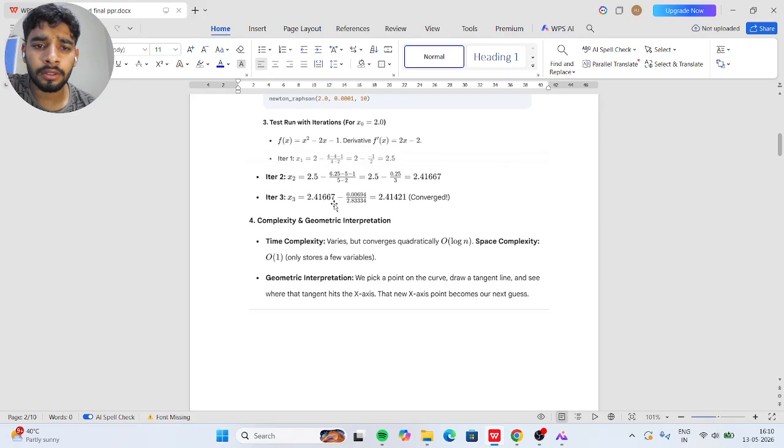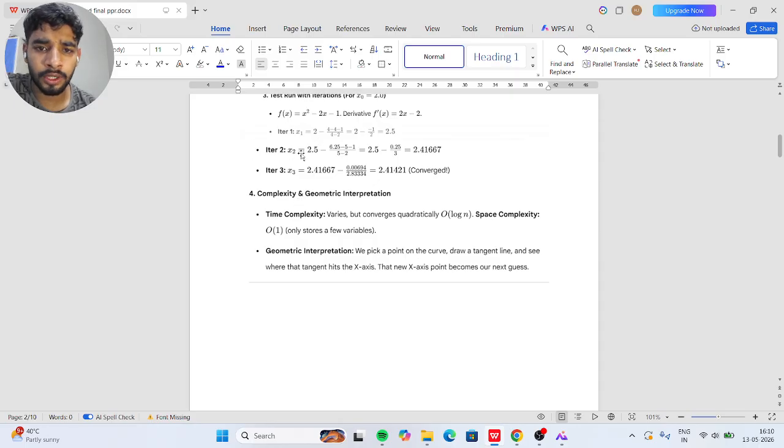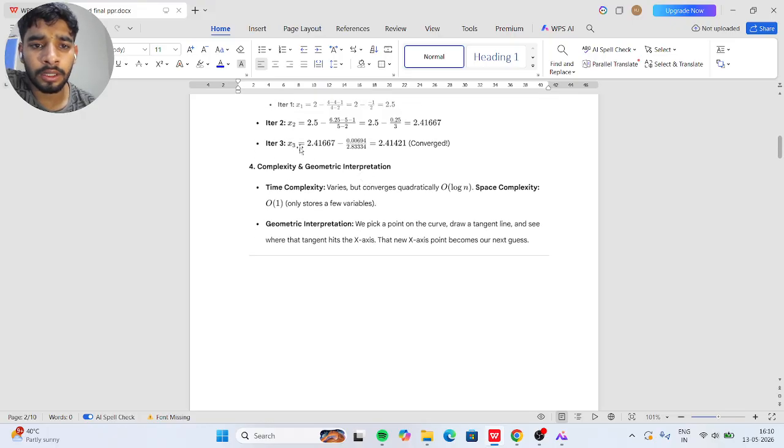So we get x1 equals 2.5. Now for x2, we change the value and calculate by the same formula. We get another value, which is 2.41667. Now go to the third iteration and calculate x3. Here we get 2.41421.